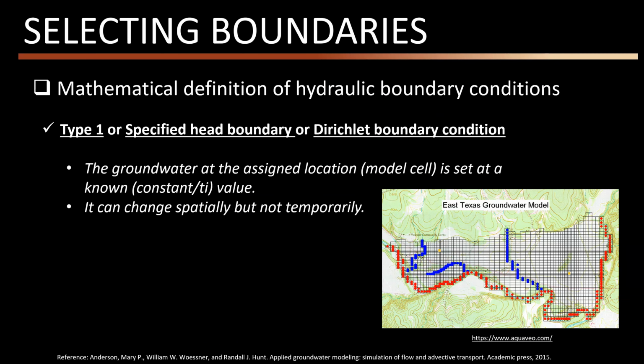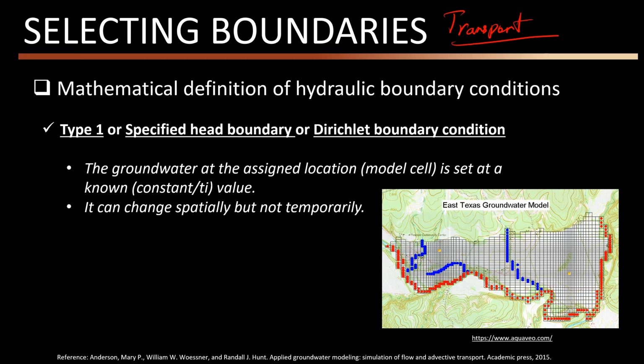Technically, we have three major boundary conditions, which you are going to see in this slide and the next ones. These are the boundary conditions that we use to study transport phenomena.